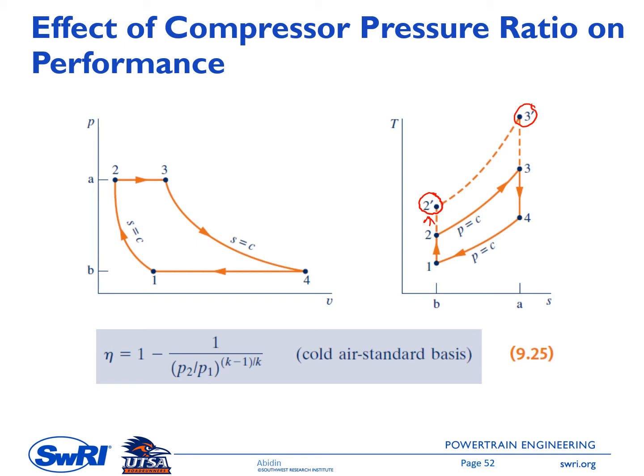And the way it is derived is similar to when we look at the correlation between the compression ratio and engine efficiency in the Otto cycle. So equation 9.25. If you plot this relationship, you will see how this P2 over P1 impacts eta.